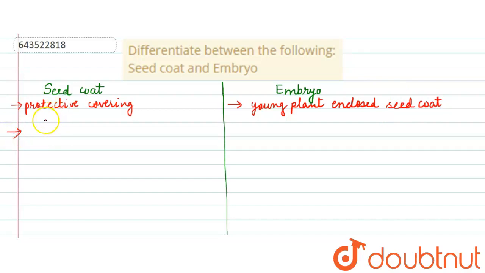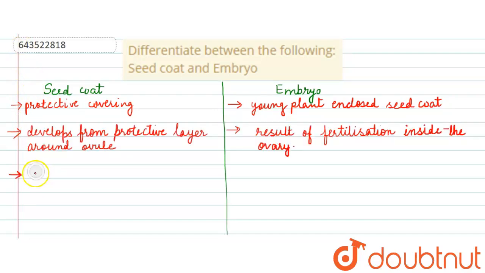The second point of difference is that seed coat develops from a protective layer around the ovule, whereas embryo is a result of fertilization inside the ovary. So let's write the second point of difference as well. The third point of difference is that the seed coat is the one that determines the shape of the seed.